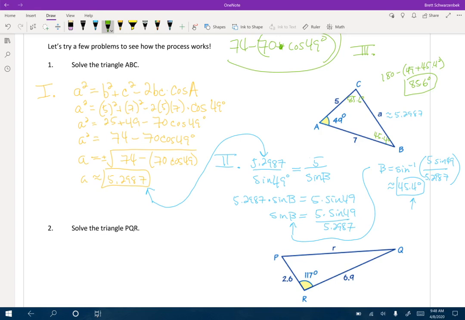The size of the sides is in the same ratio as the size of the angles in terms of size. So if you look at, for example, the biggest side of this figure is 7, which means the biggest angle is opposite it. If you look at the second biggest side, it is A. The second biggest angle should be opposite it. And the smallest side should have the smallest angle opposite it.